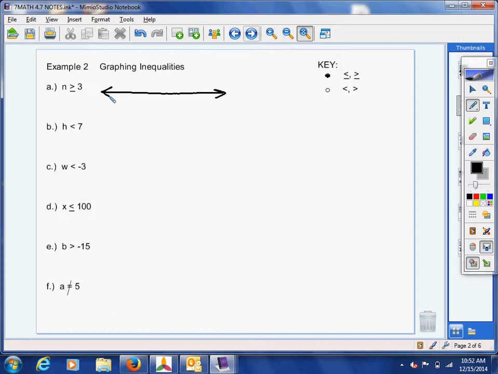I don't like to just write one number, but I like to write several. So I'll do this because I need to at least have 3 in there. I'll probably go 2, 3, 4, just so I see a trend. So the numbers are getting bigger as I go to the right, and they're getting smaller as I go left, okay?